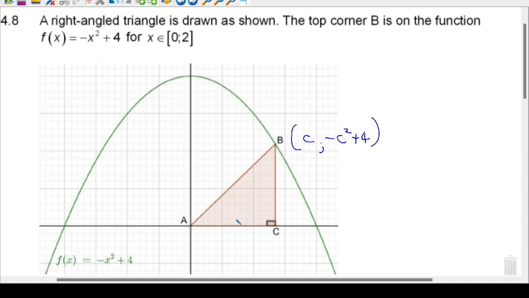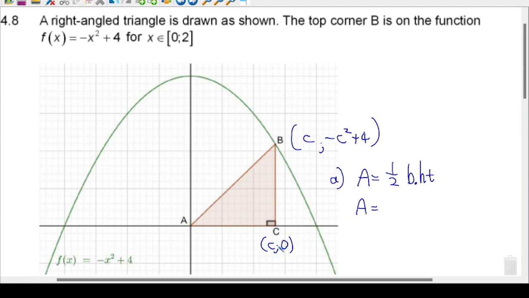The next question is what's the area of this triangle? I'm going to answer this over here just so we've got the picture. The area is going to be half the base times the height. What we didn't fill in yet is the fact that C is the point C0.